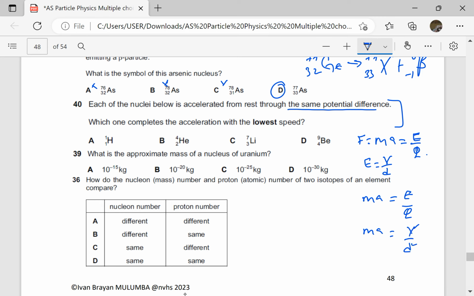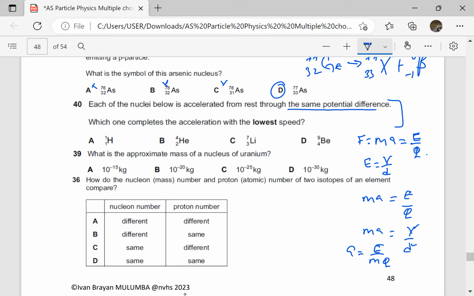So V is constant, this D will also be constant, and it means the acceleration is equal to E divided by m times Q. So the acceleration is depending on E over m times Q. It is actually inversely proportional to the product of the mass and the charge.